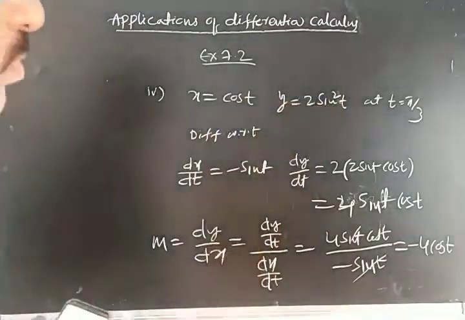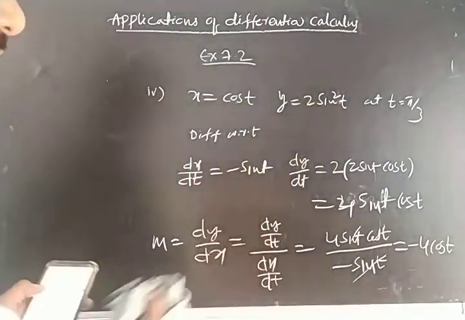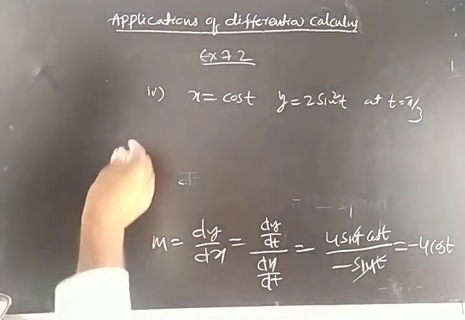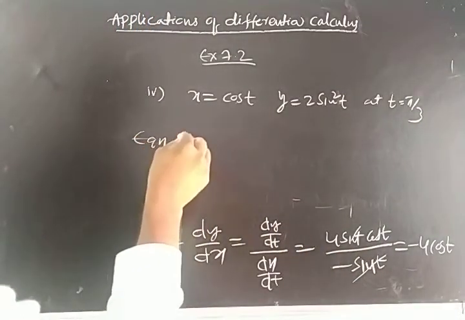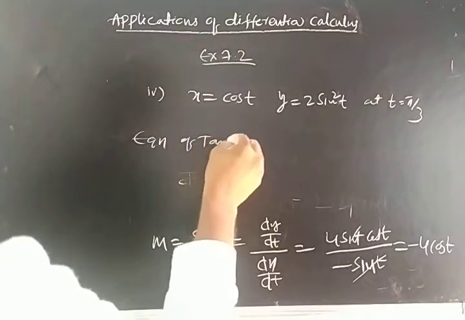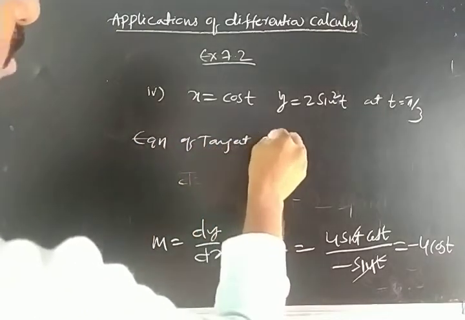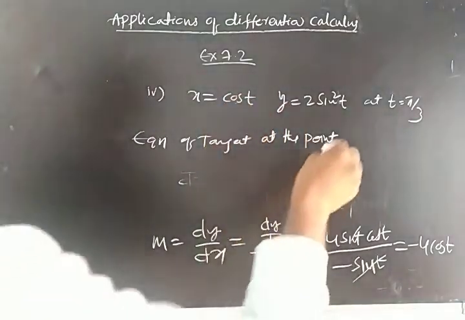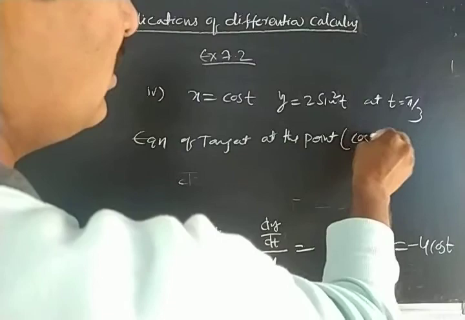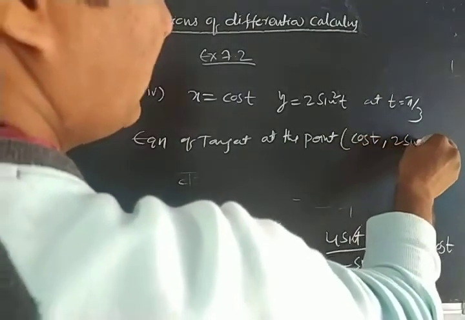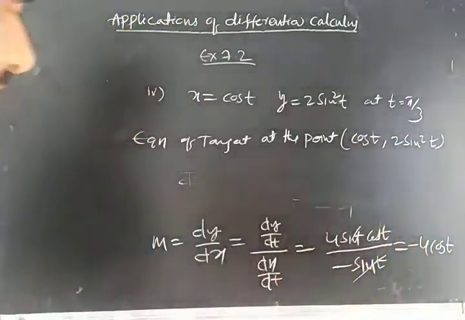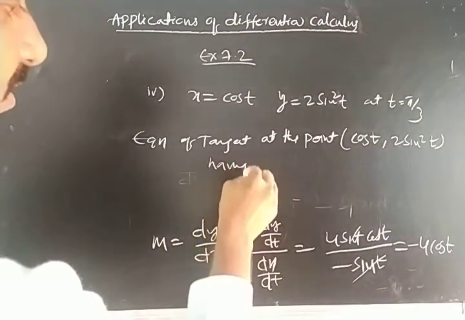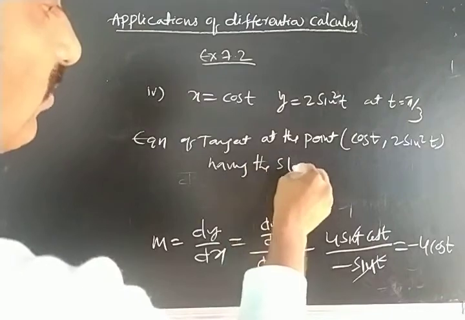Now this is the point coordinate. This is the x coordinate, this is the y coordinate. Now the equation of tangent at the point. What is the point? This is the x coordinate, cos t, and this is the y coordinate, 2 sin square t. At the point having the slope, what is the slope?